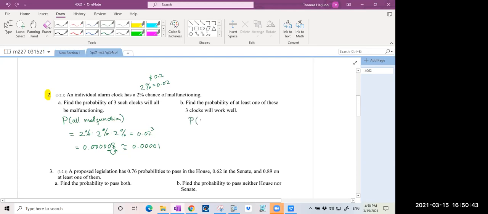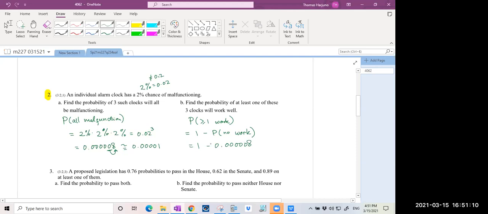Now, the probability that at least one works is equal to 1 minus the probability that none work, meaning all of them malfunction. So that's 1 minus 0.000008, the probability that all of them malfunction.